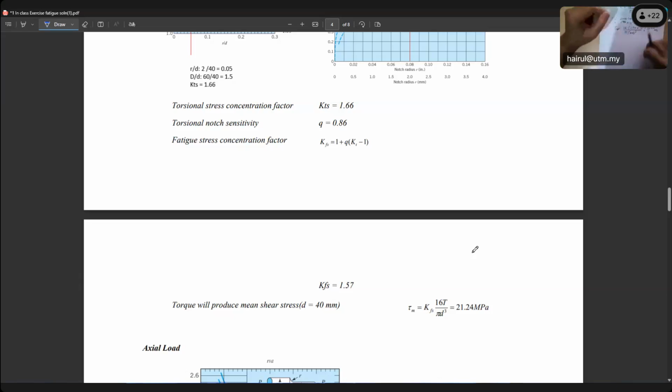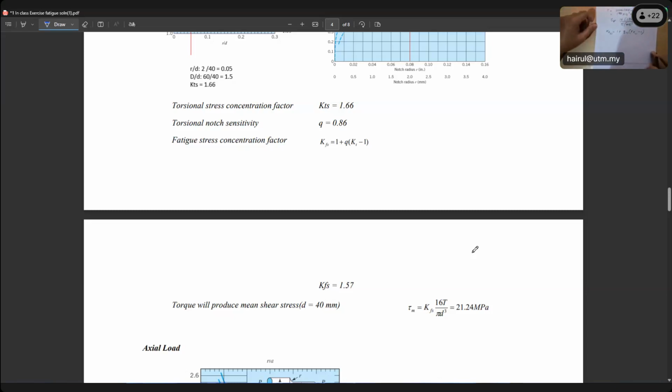Raw at the shoulder we also have torsional stress, but this is raw, not yet multiplied by the fatigue stress concentration factor based on torsion. So what is the fatigue stress concentration factor based on torsion? KFTS is 1 plus the notch sensitivity q based on torsion, times Kt based on torsion minus 1.